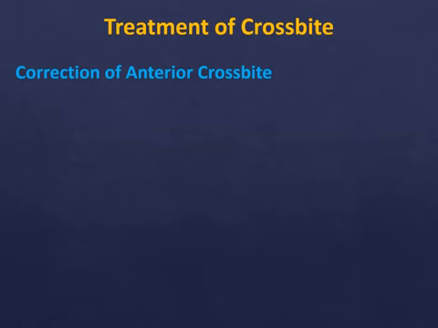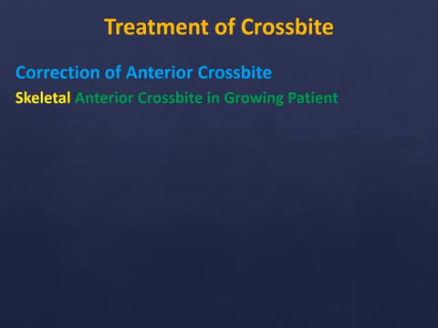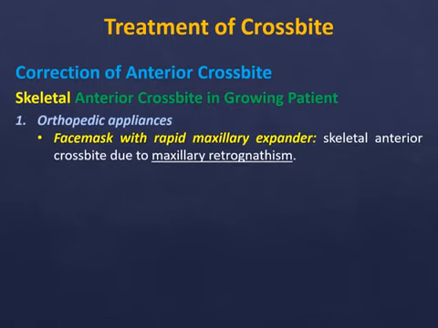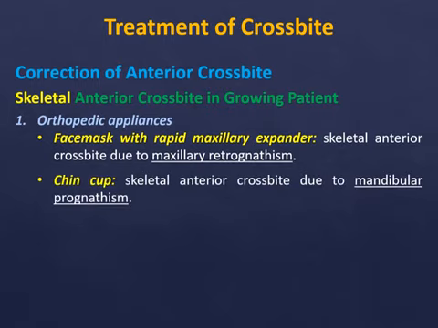Continuing with the correction of anterior crossbite, if we have skeletal anterior crossbite in a growing patient, in this case we can use orthopedic appliances, for example, a face mask with rapid maxillary expander when we have skeletal anterior crossbite due to maxillary retrognathism, or a chin cup when we have skeletal anterior crossbite due to mandibular prognathism.